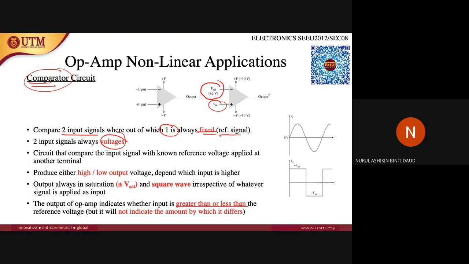The circuit compares the input signal with what is known as the reference voltage applied at the other terminal. The input here will always be compared with the reference here, and it will produce either a high or low output voltage.